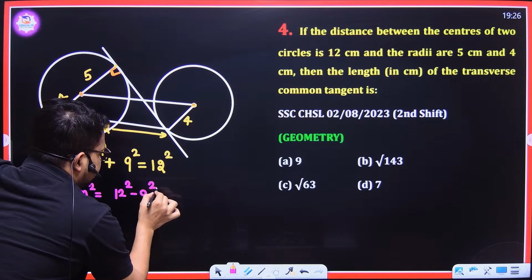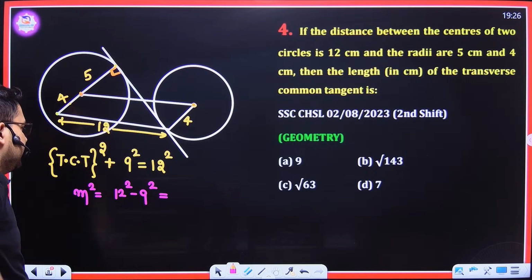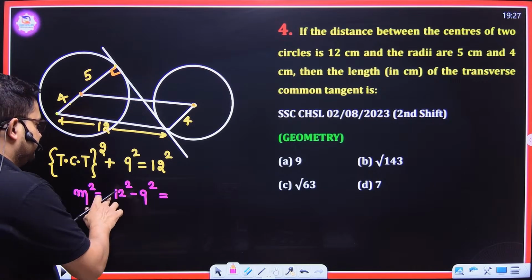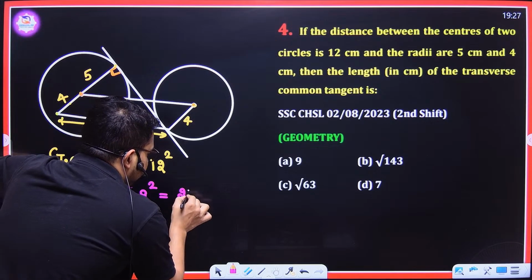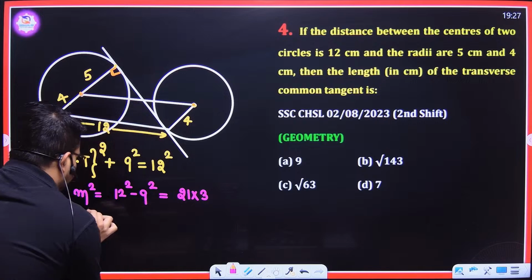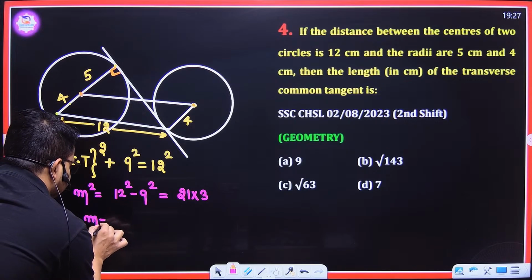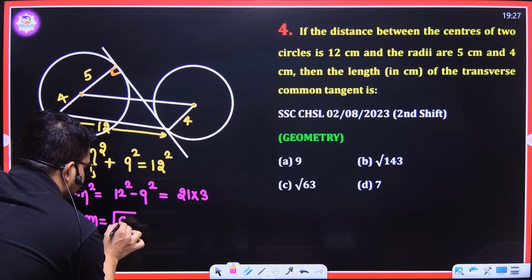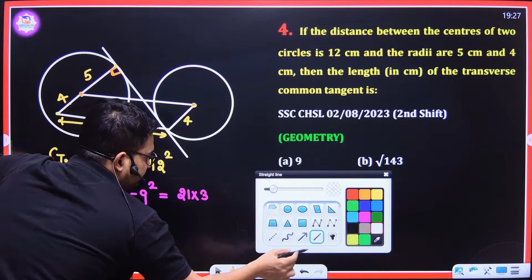You can use a plus b and a minus b: this can be written as 21 into 3. So M is equal to root 63. M can be written as under the root of 63.